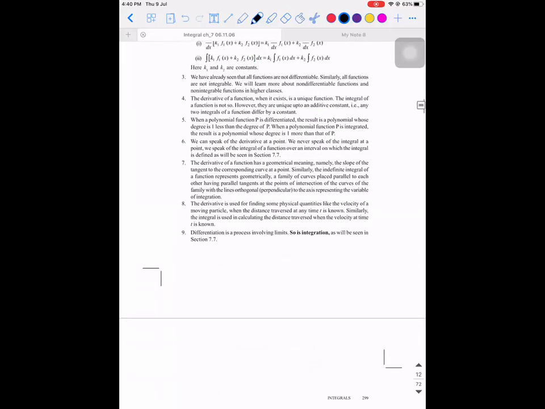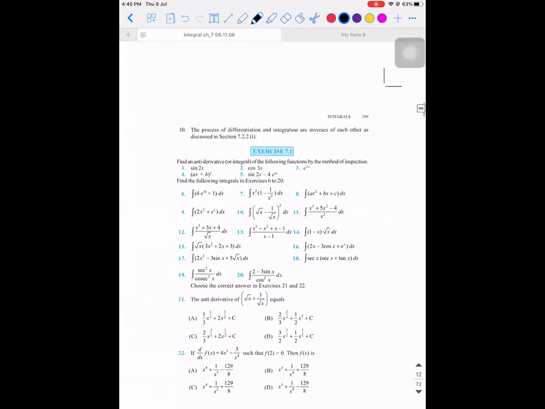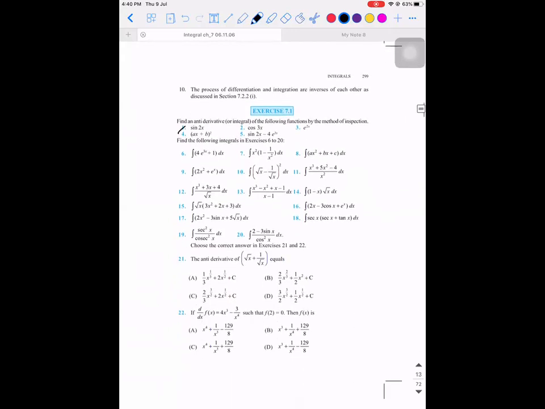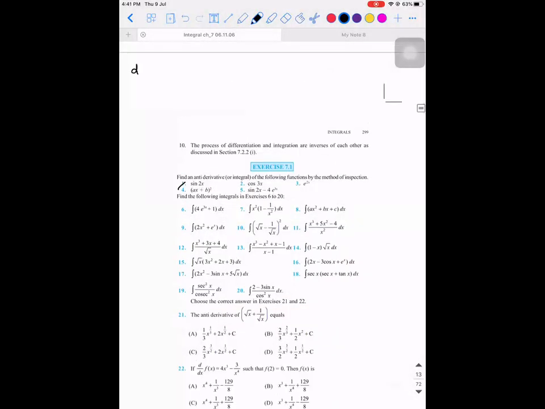So I'm not confusing you with all these points. You can see that while we do the exercise. Can you tell me the answer for the antiderivative of sin 2x using the method of inspection? Whenever they say method of inspection, you need to think derivative. Derivative of which function is going to give me sin 2x?